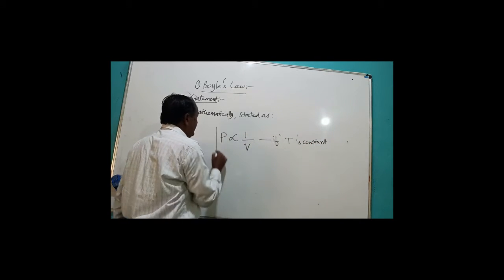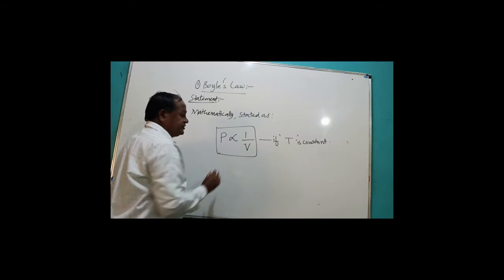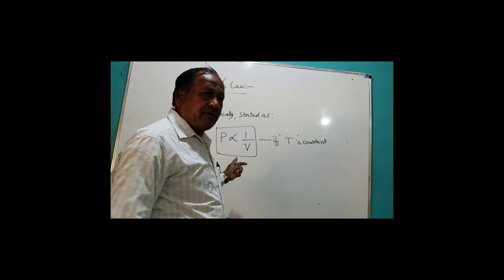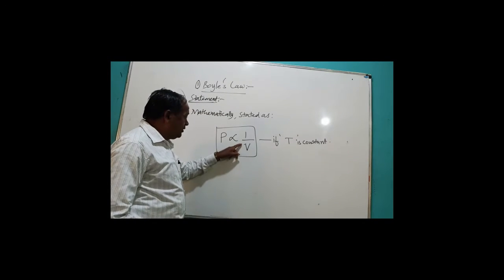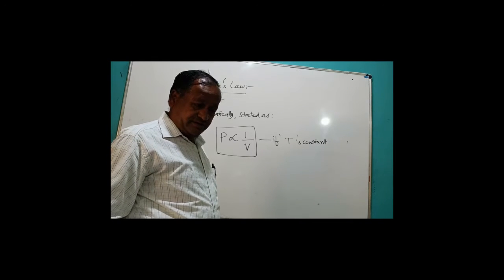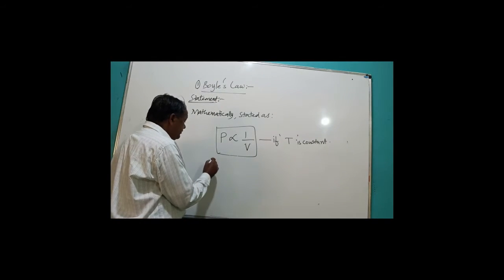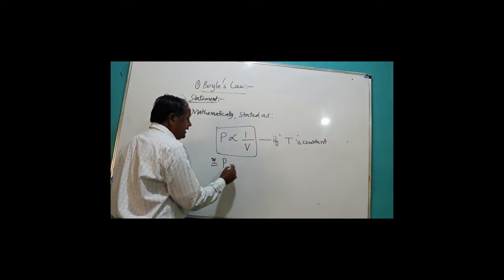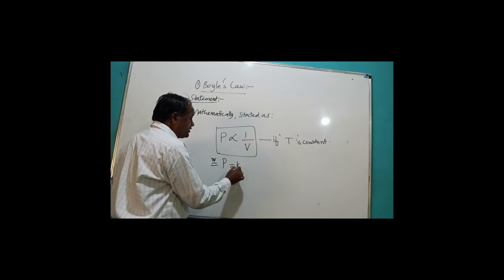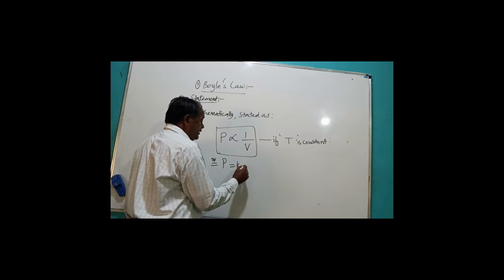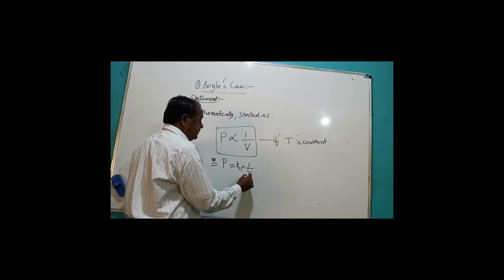So this is the mathematical statement for Boyle's Law: pressure is inversely proportional to the volume of the gas. We can remove the proportionality sign and write P equals a constant times 1 by V.